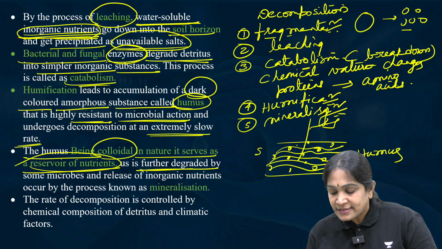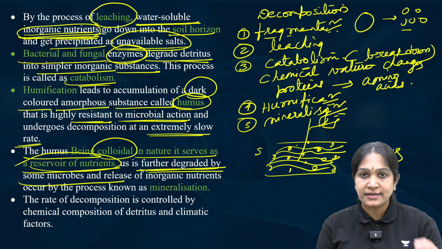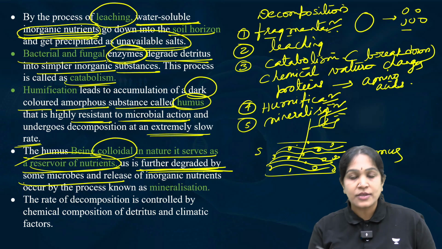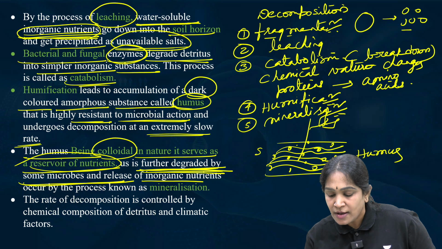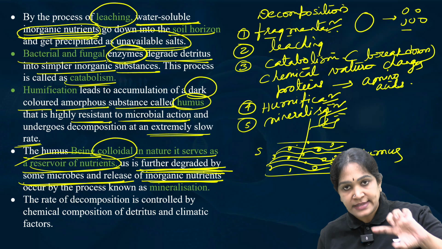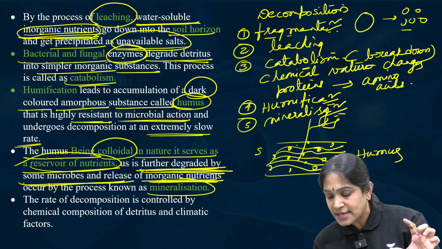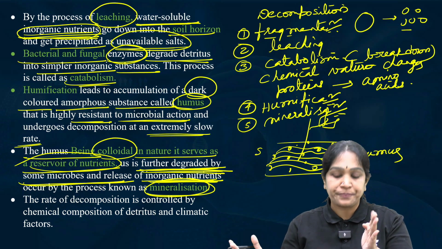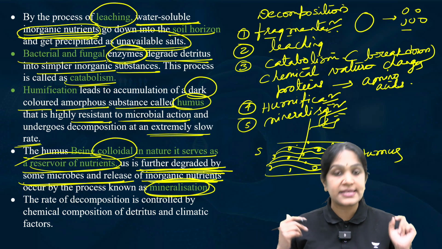The humus is further degraded by some microbes, by the release of certain enzymes, and will release inorganic nutrients. The humus will undergo disintegration to form inorganic nutrients. That process is known as mineralization. Humus slowly decomposing to form inorganic nutrients is called mineralization.